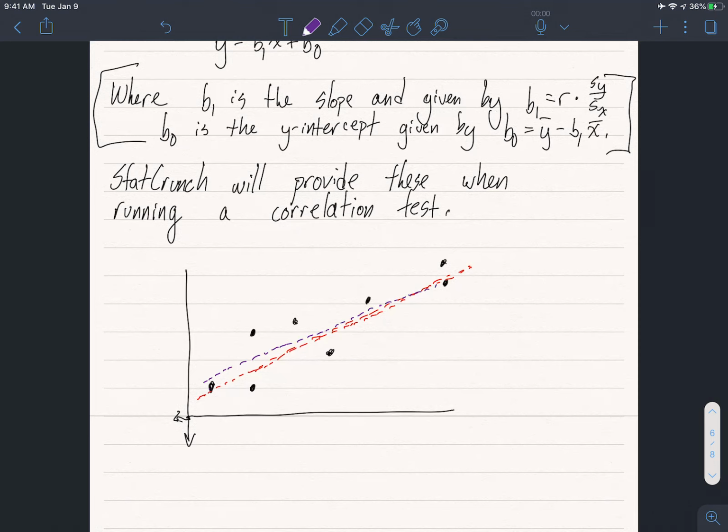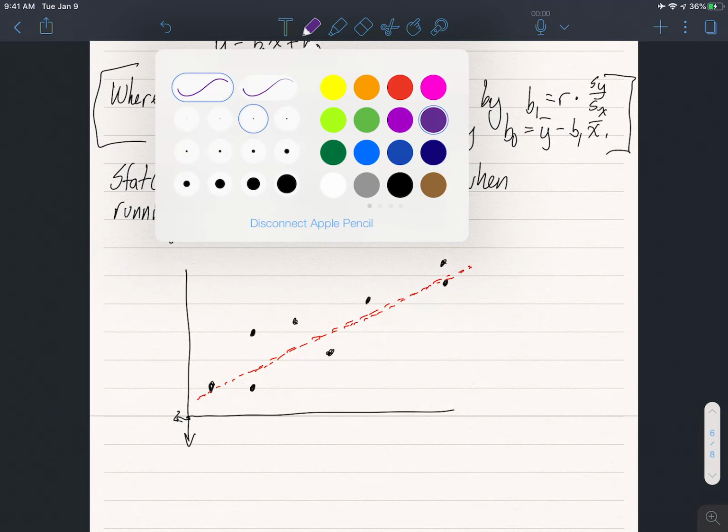Which line do you think they follow? There's a lot of lines that these kind of follow pattern-wise, but there's one specific line. I'm going to get back to my red. There's one specific line that minimizes the residuals.